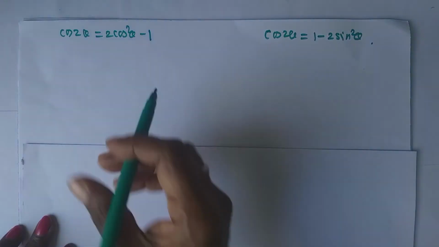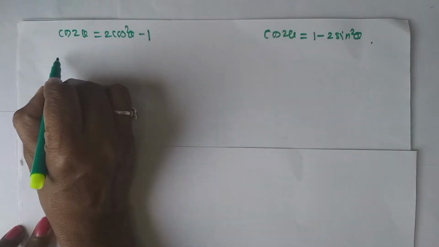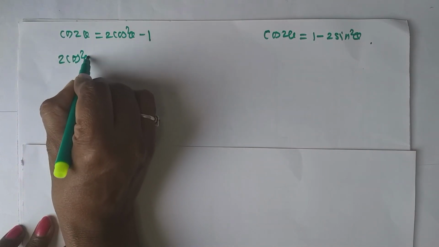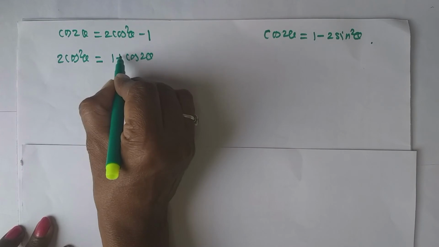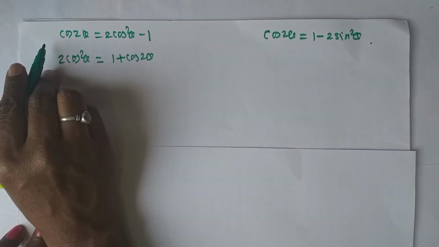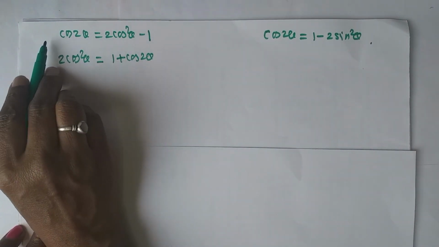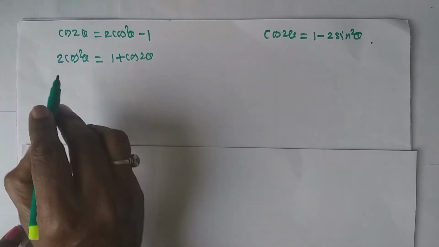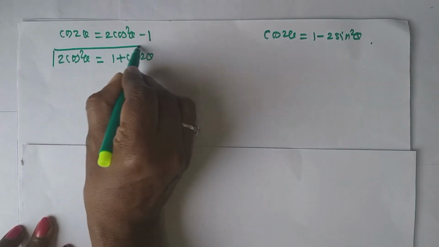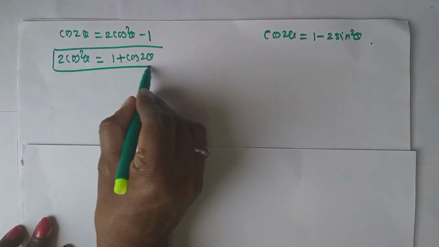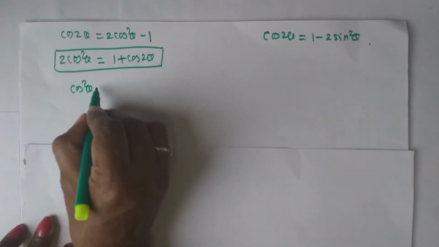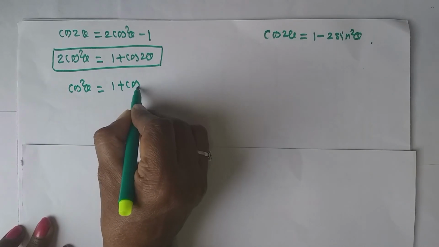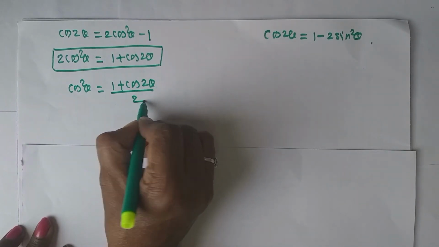You transfer this 1 to this side, then I will get 2 cos square theta is equal to 1 plus cos 2 theta. Now we have got the new formula: 2 cos square theta is equal to 1 plus cos 2 theta, or you can write cos square theta is equal to (1 plus cos 2 theta) divided by 2.